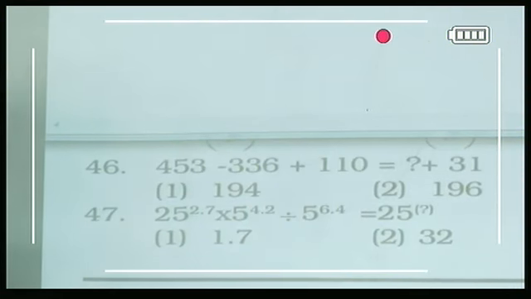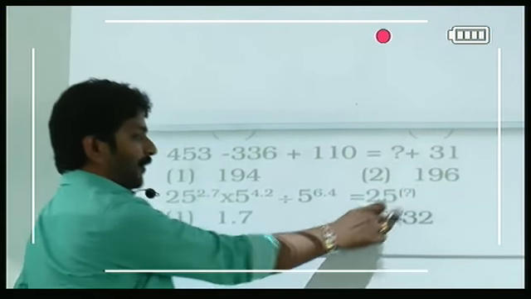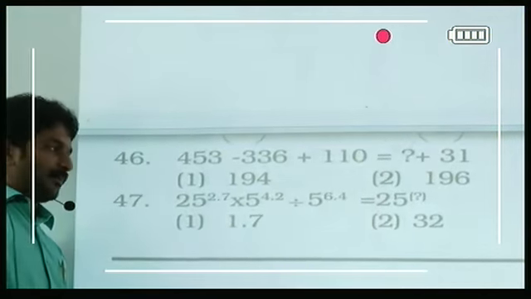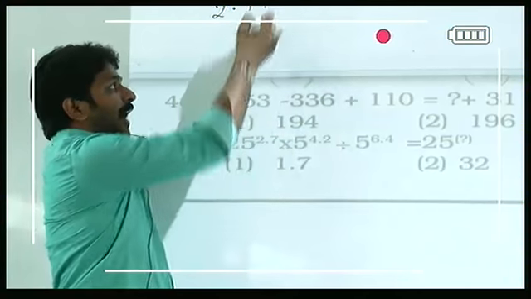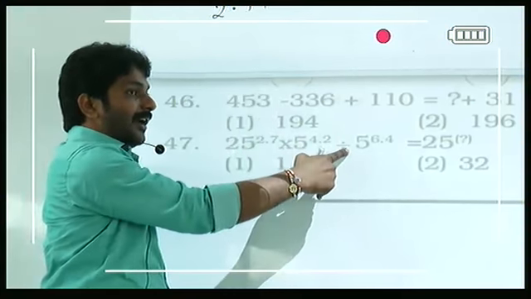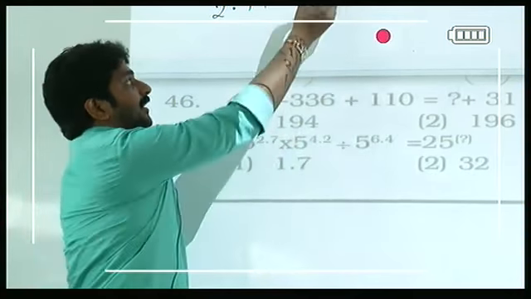Right. So right hand side you have 25 to the power of x. Left hand side every number should be in the power of 25. You already have 25 to the power of 2.7 and into and then division. Let me concentrate only exponent. Exponent is 25 to the power of 2.7. Let me write 2.7 into. So we have to add exponent. Then you have division. Now you need to subtract exponent. Yes or no?